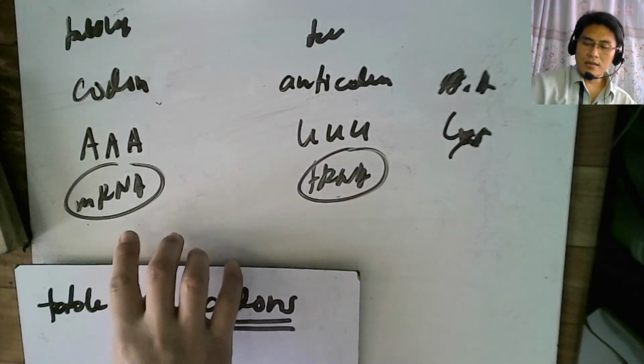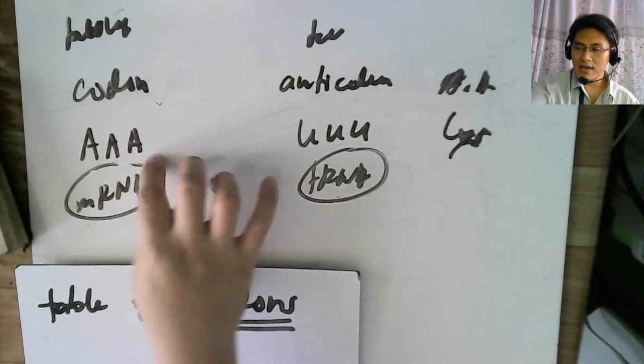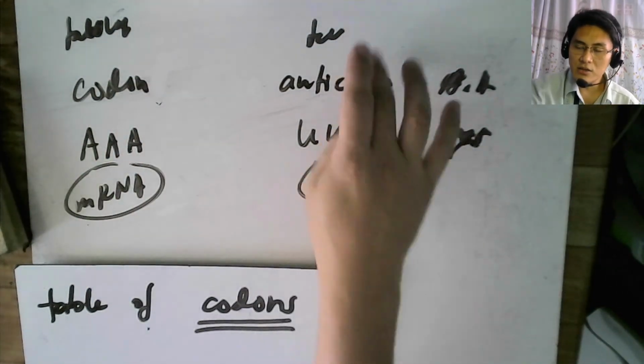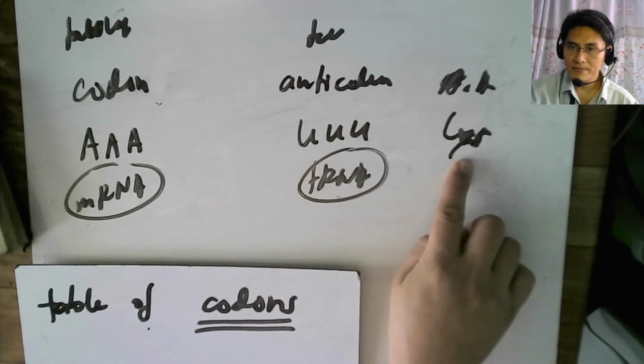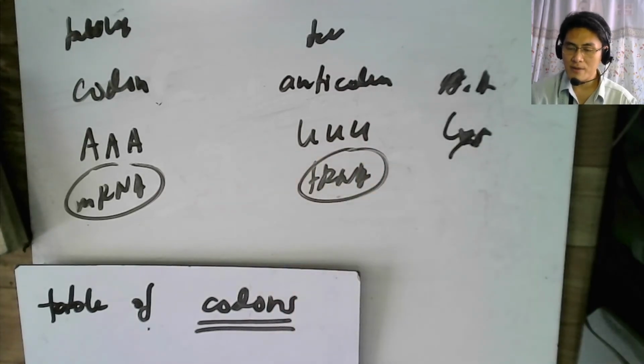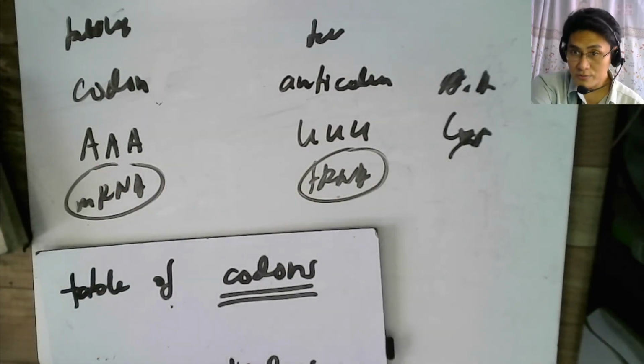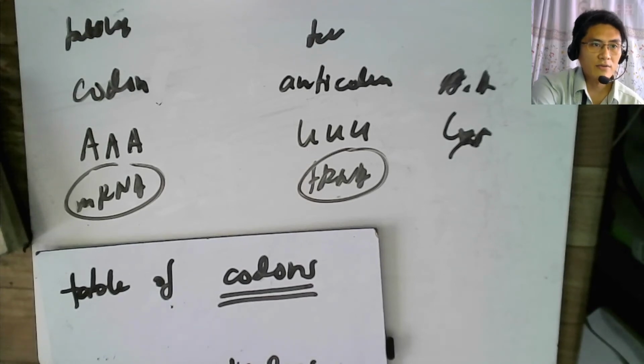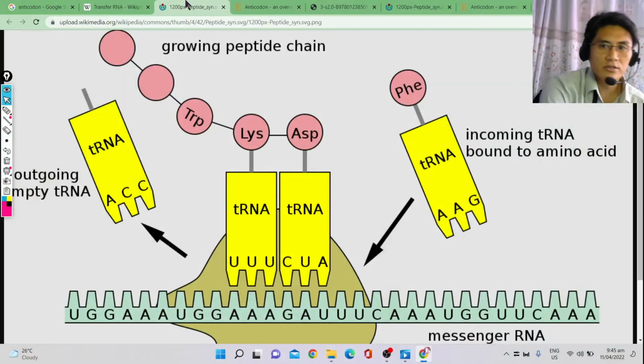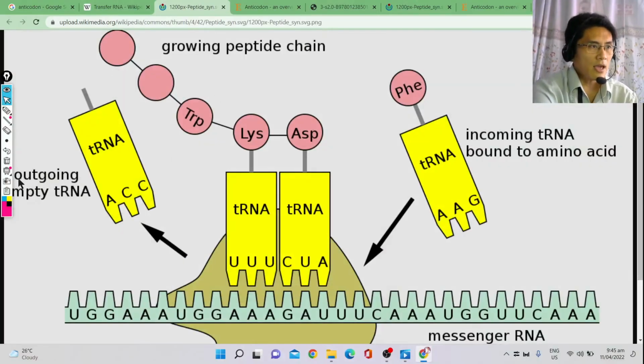In the table of codons, AAA means lysine, but in the table of anticodons, AAA doesn't mean lysine. What means lysine is UUU, because AAA pairs with UUU so that you can have lysine. So if I show this to you, see, AAA here, the codon, pairs with the anticodon UUU, which is attached to the tRNA that carries lysine.